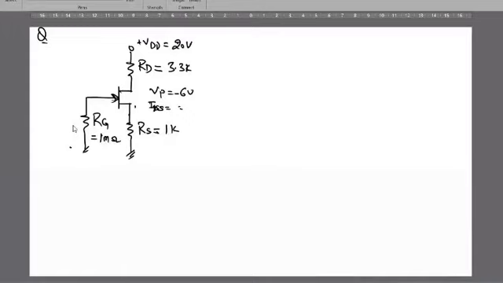Fine, and what else is given? Nothing. Okay, fine. So simply the very first step, you know, IG equals 0, and this will lead to ID equals IS. Fine, this is clear, and this will be ID, this will be IS.